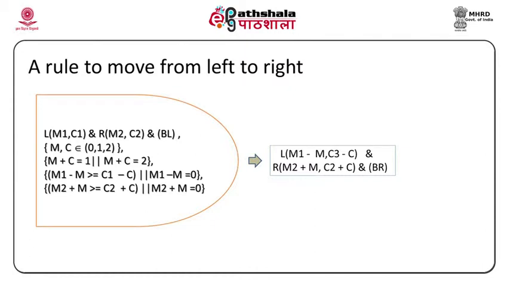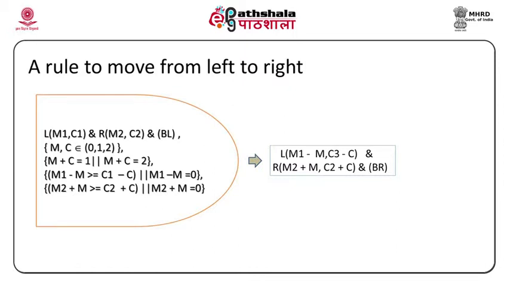On the left hand side we had M1, M is subtracted, and added on the right hand side. Similarly, the number of cannibals C is subtracted from the left hand side and added on the right hand side. So, that means M missionaries and C cannibals moving from left hand side to right hand side. This is precisely what we want, and the boat moves to the right side. So, this is exactly what I have on the right side.